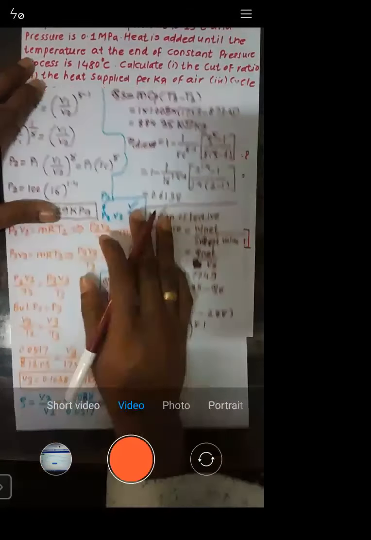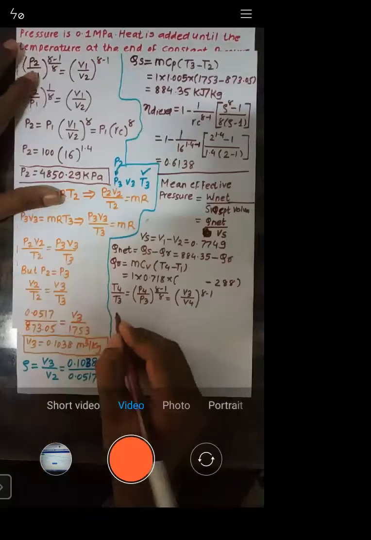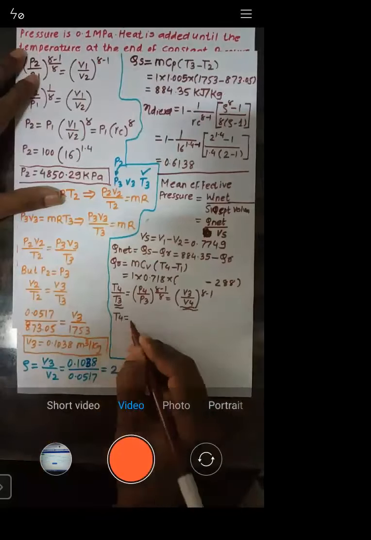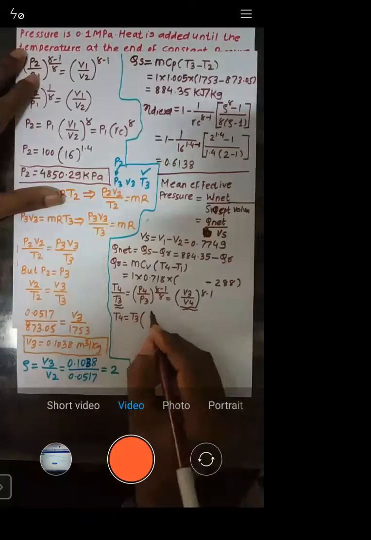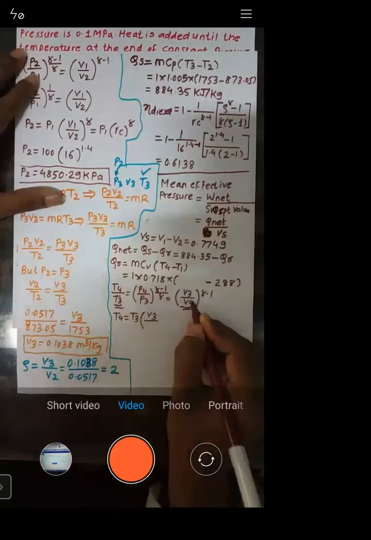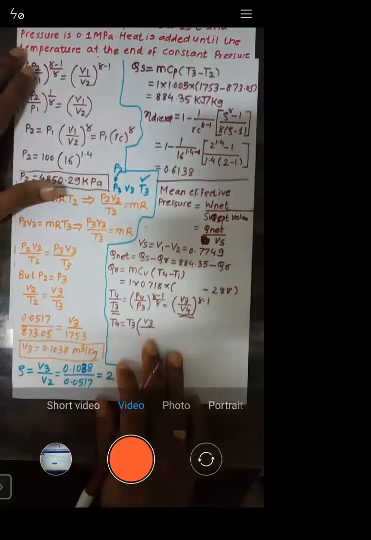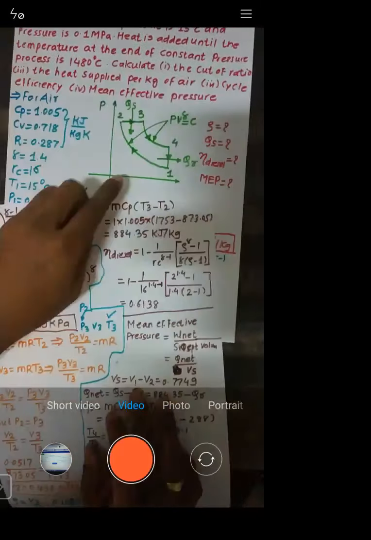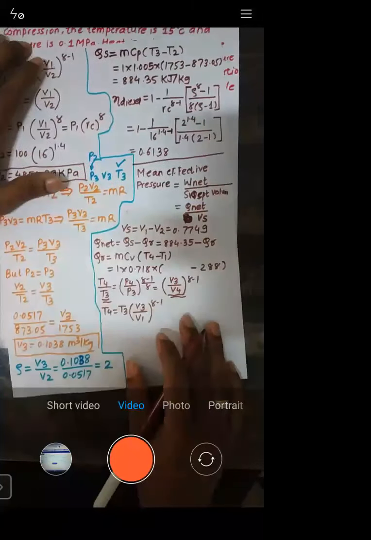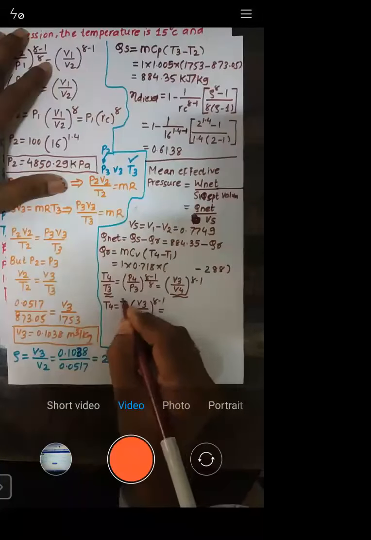So let us do that. T4 is given by, I will equate these two, T4 is given by T3 into V3 by V4, raised to power gamma minus 1. V4 is the same as V1, you can see the diagram.